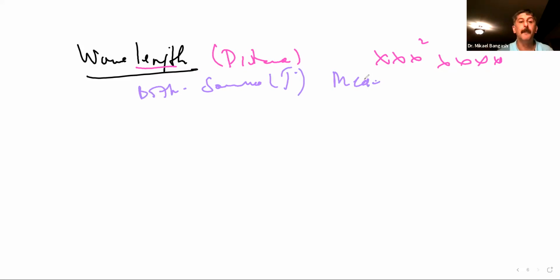Clear? The wavelength actually changes because of the changing speed. So that was the only one where both source and medium were determining your wavelength.